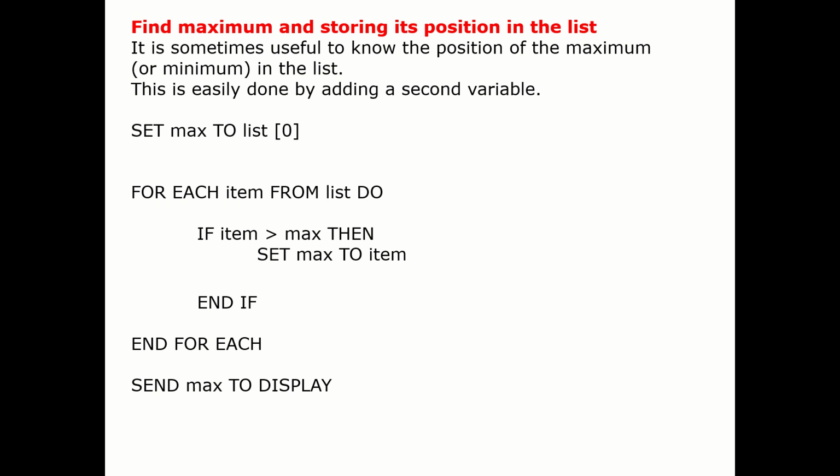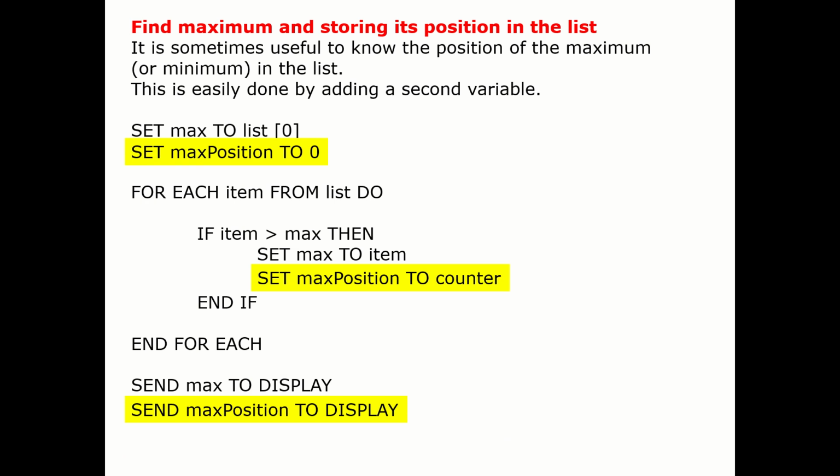To do that, we just add in another variable. As well as saying the highest number is the first thing in the list, we also at the start say the position of the highest number is the first position in the list, 0. Again, it's still just saying, right, first thing in the list, that's highest at the beginning. We haven't looked at the rest yet, so it's got to be the highest.